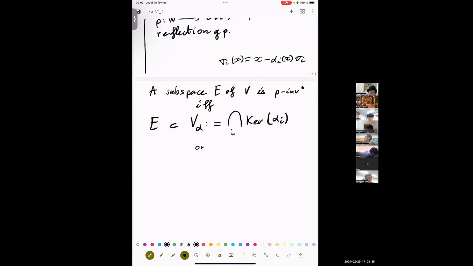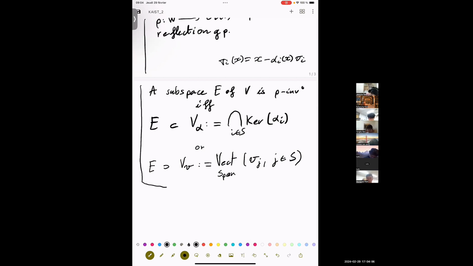Or the other possibility is E is contained in V_V, and V_V is the vector space spanned by all the v_j for j in S, the vector space spanned by all the vectors given by my linear reflections.